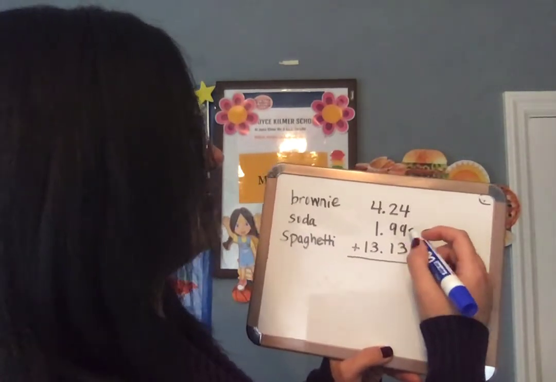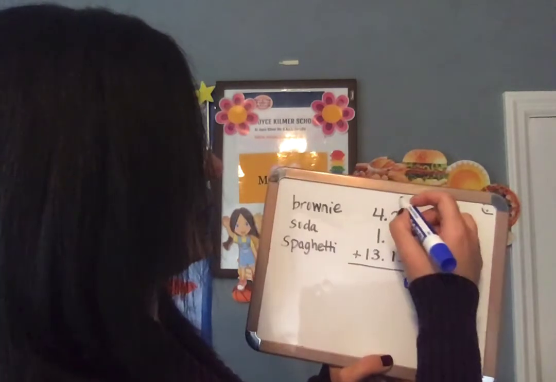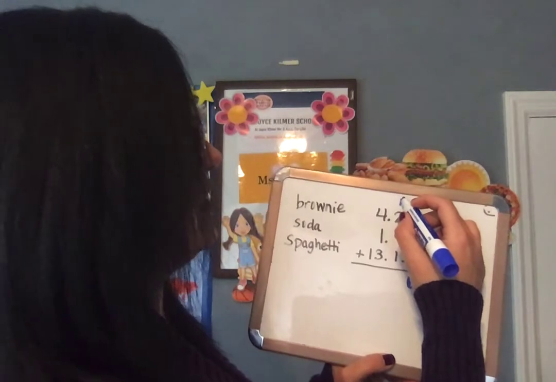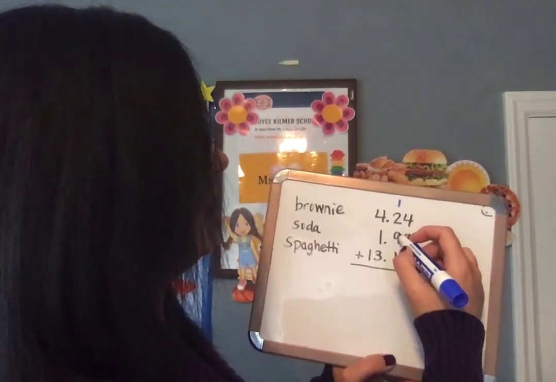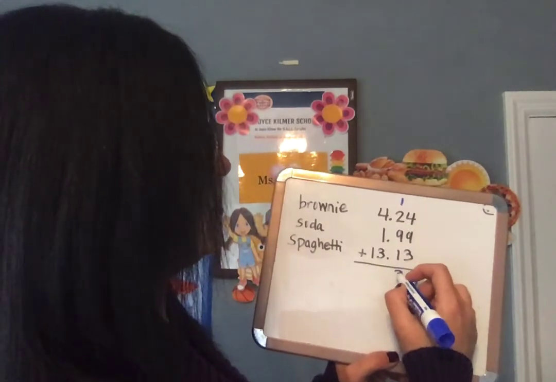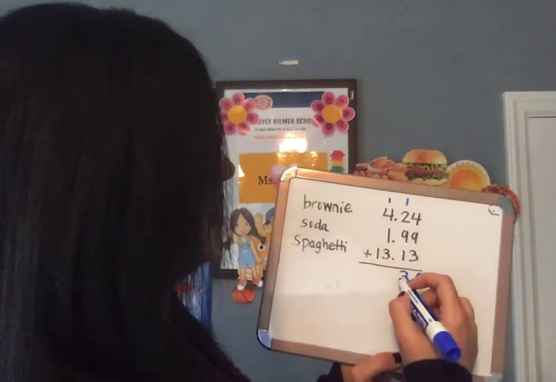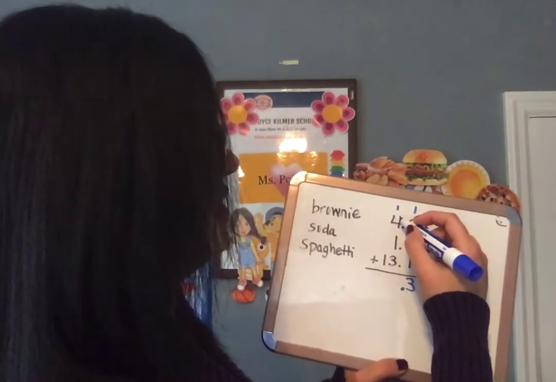So 4 plus 9 is 13, plus 3 is 16. Carry your 1. 2 plus 1 is 3. Plus 9 is 12. Plus 1 is 13. Carry your 1. Make sure you line up your decimal point. 1 plus 4 is 5.